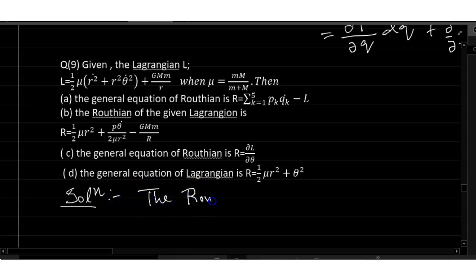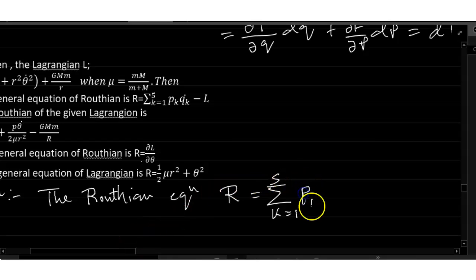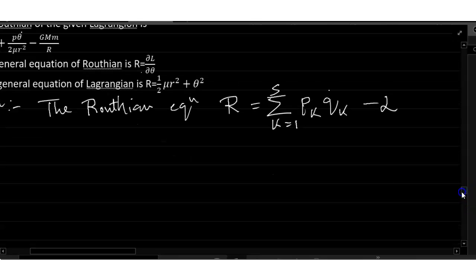The Routhian is R = Σ from k=1 to s of p_k q̇_k − L. This is the Routhian equation.